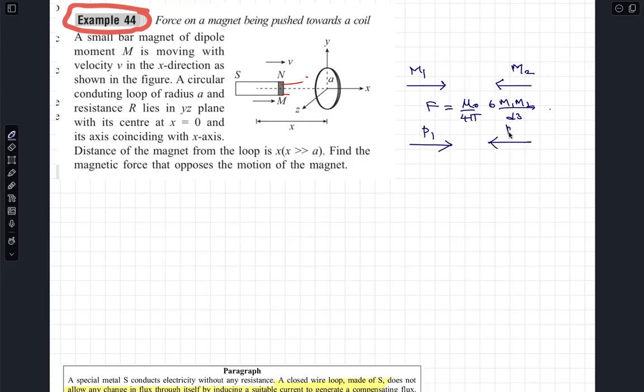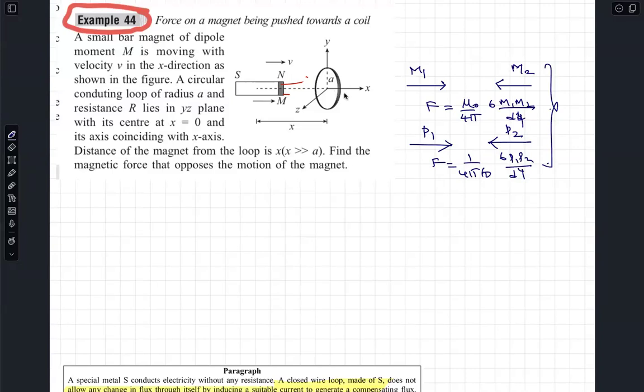If you have dipoles like this, the force of repulsion is 1 by 4 pi epsilon naught 6 p1 p2 by d power 4. I have used this relation here, and you might require this relation over here.